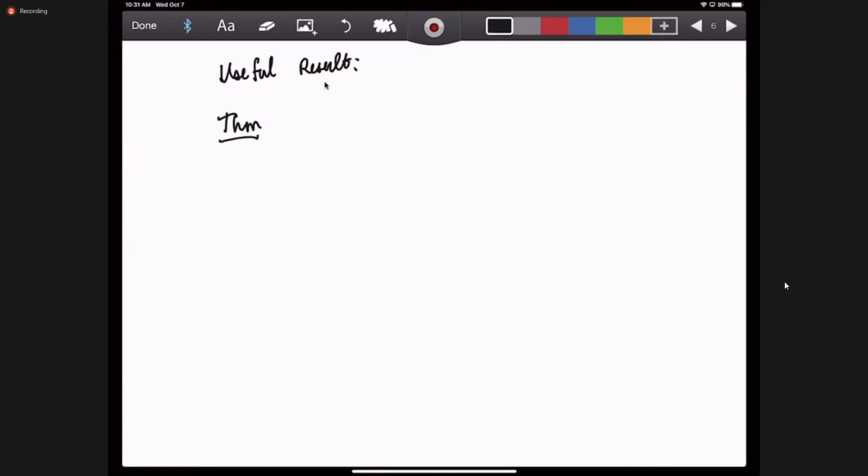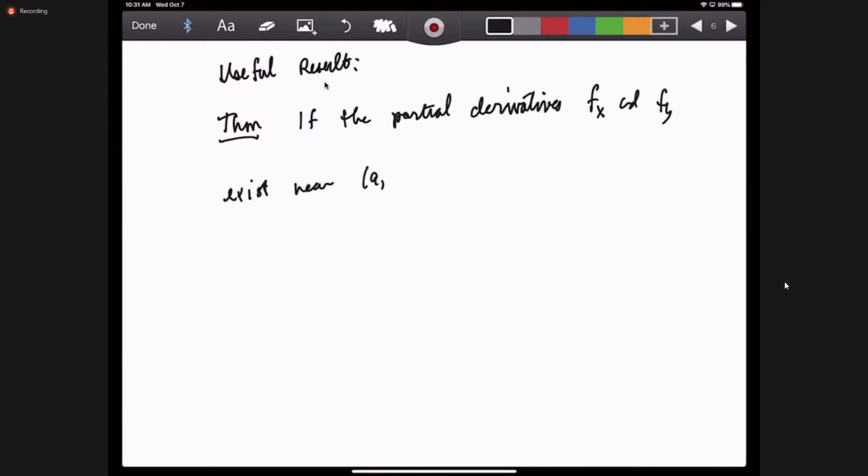There's a theorem that says if the partial derivatives fx and fy exist near the point (a, b) and are continuous at (a, b), then the function is differentiable at (a, b).